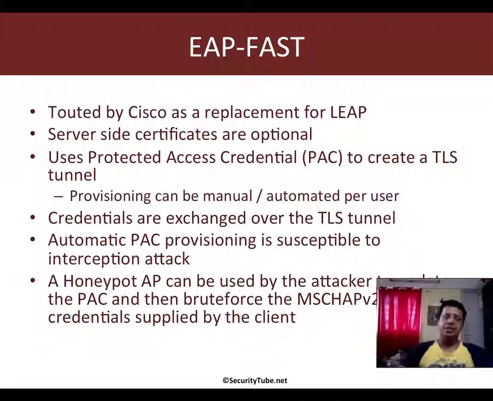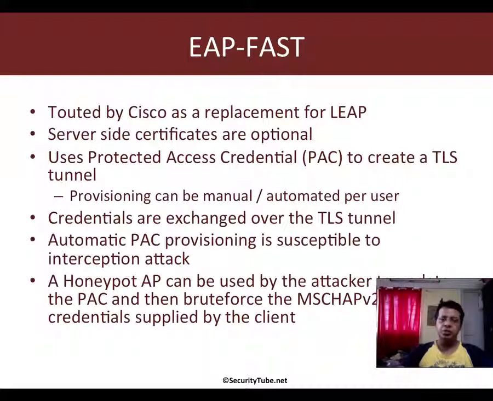Okay, then finally came EAP-FAST, which is touted as a replacement for LEAP by Cisco. EAP-FAST uses server-side certificates, even though they are optional. The way EAP-FAST provides security is by using something called a PAC, which is nothing but Protected Access Credential, to create the initial TLS tunnel.